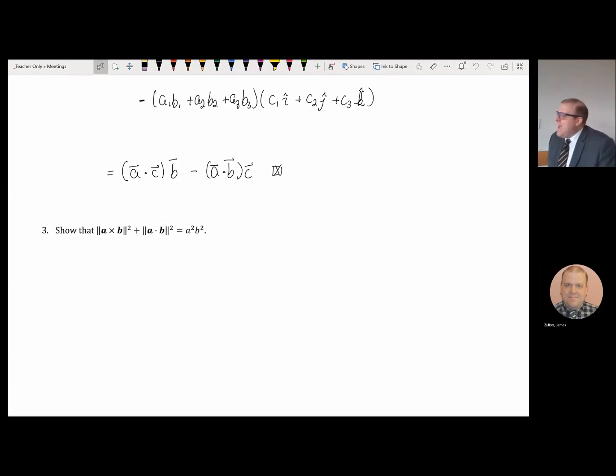We're going to show that the magnitude of A cross B squared plus the magnitude of A dot B squared is equal to the magnitude of A squared times the magnitude of B squared.